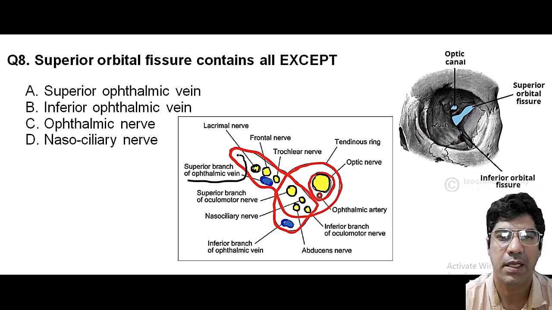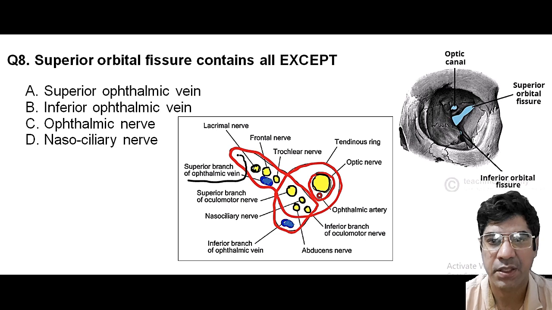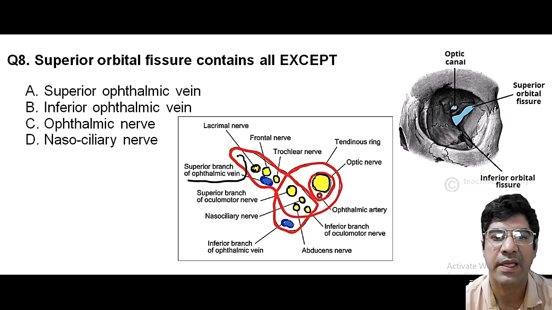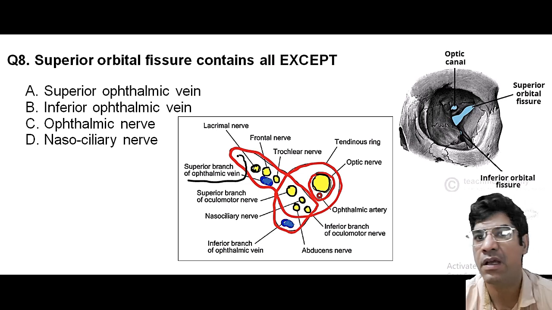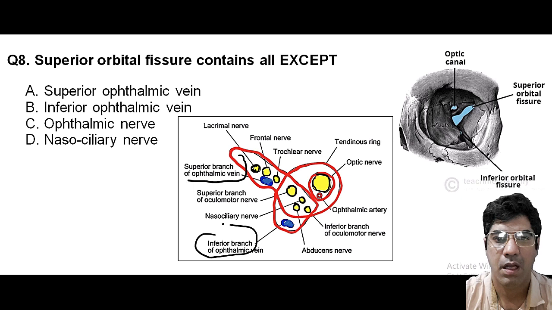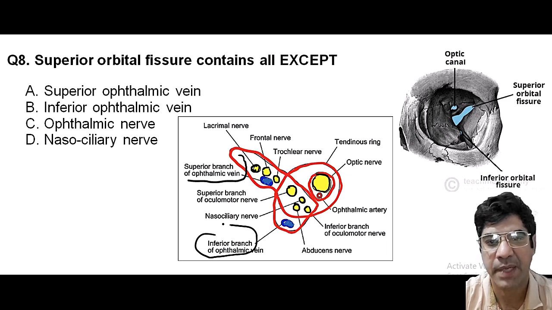This vein is an important venous structure in the orbit, and it drains blood from the superior aspect of eye and forehead. The inferior ophthalmic vein drains blood from the lower aspect of eye.